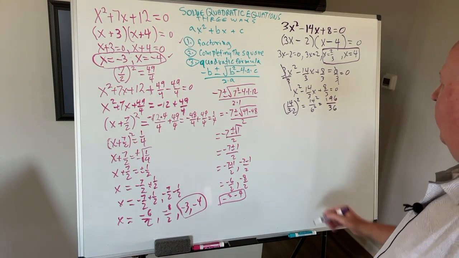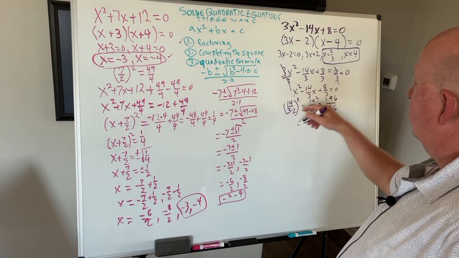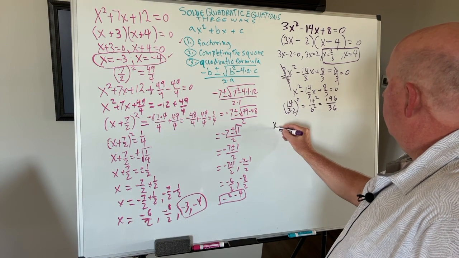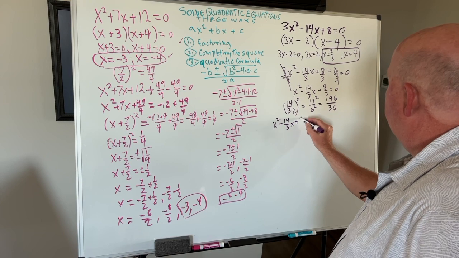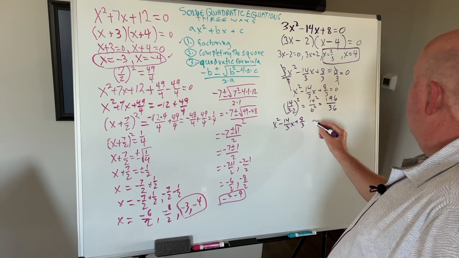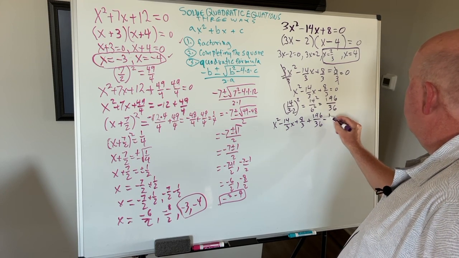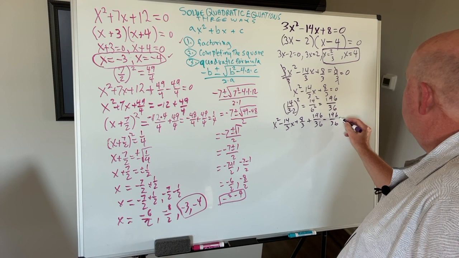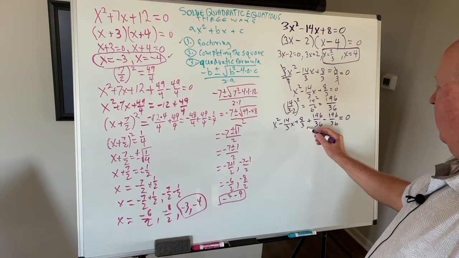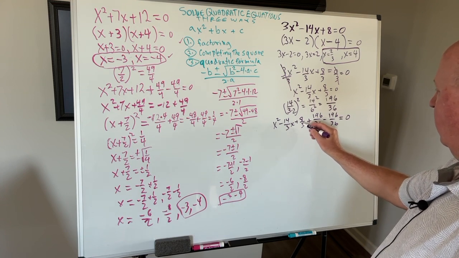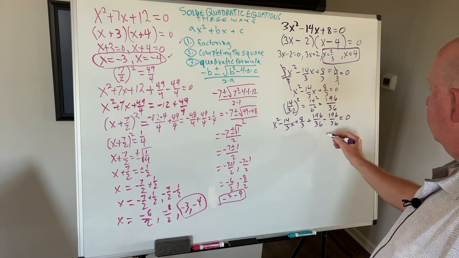And then we just stick with this formula here: x squared minus 14/3 x plus 8/3 plus 196 over 36 minus 196 over 36 equals 0. And then I'm going to do a couple things at once. I'm going to move the 8/3 over on this side, and I'm going to move the negative 196/36 on this side.